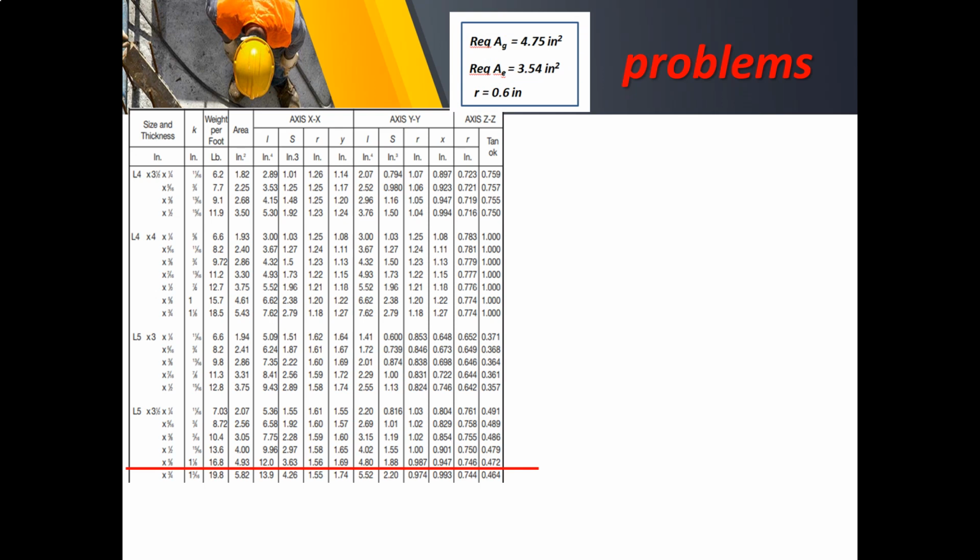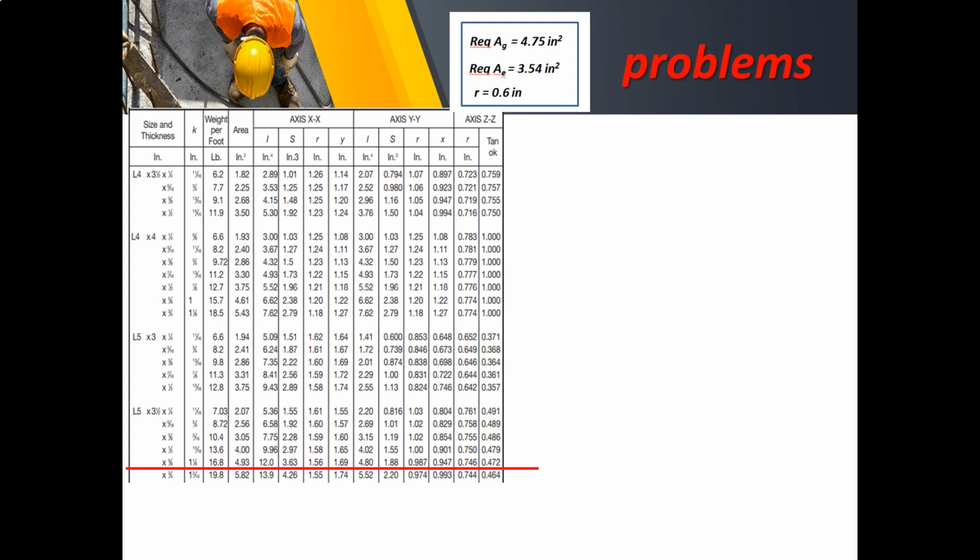Hence, the section next to 4.75 is L5 by 3.5 by 5/8.